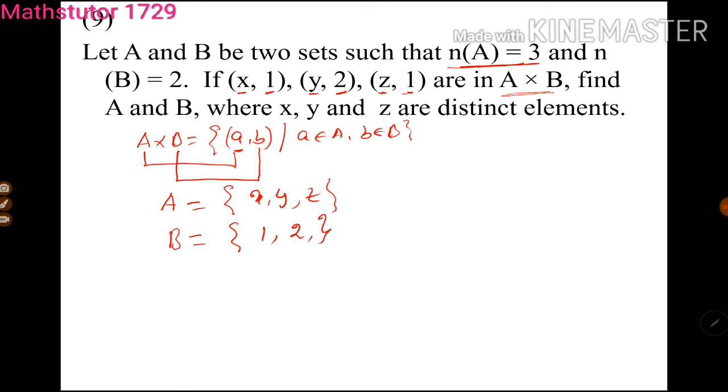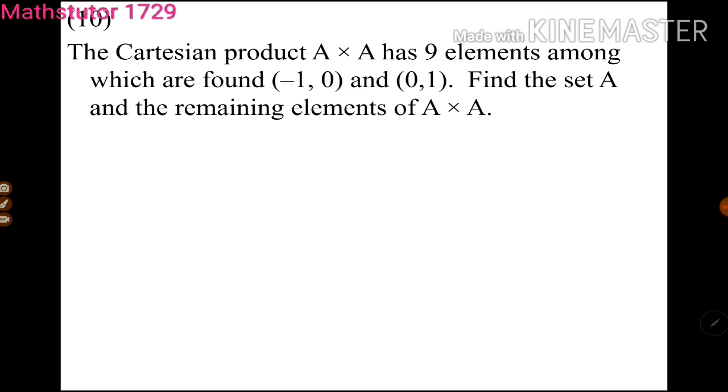Now come to the next problem. The Cartesian product A cross A has 9 elements, among which are found (-1, 0) and (0, 1).